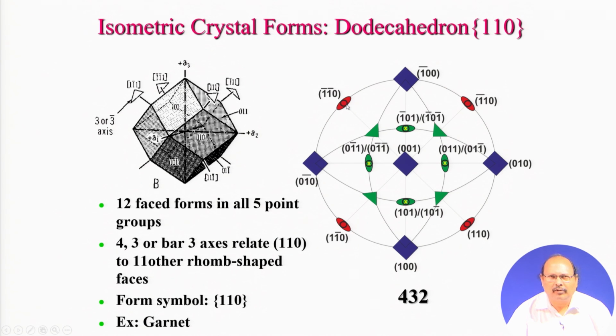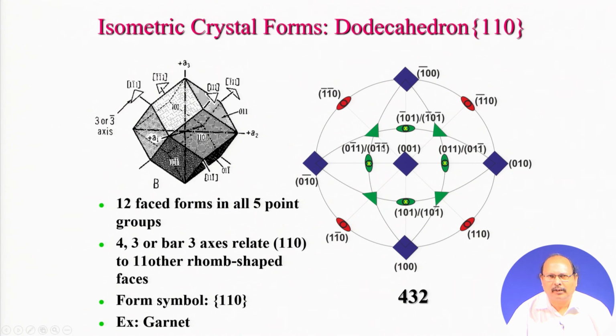Now, you have this horizontal two-fold axis symmetry. This horizontal two-fold axis symmetry, this particular face, that is 0 -1 1, will be rotated 180 degrees, and this will now intersect the negative direction of the A3 axis, and that particular face will now be 0 -1 -1.